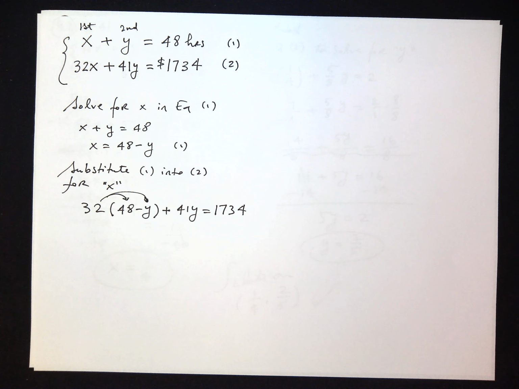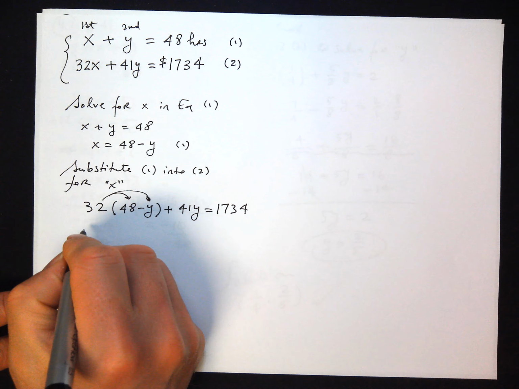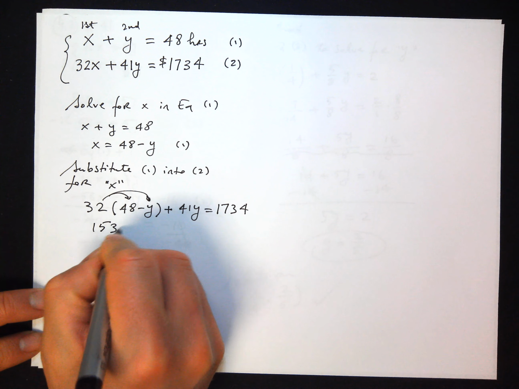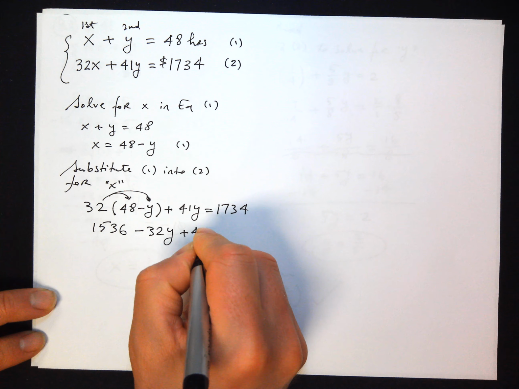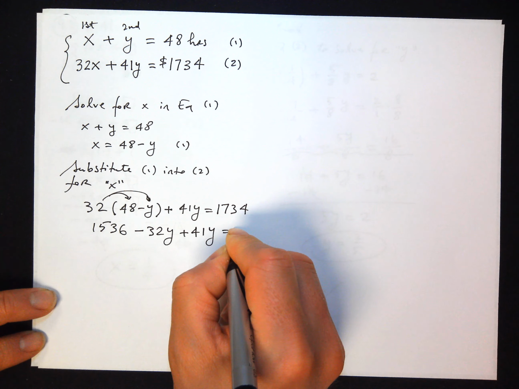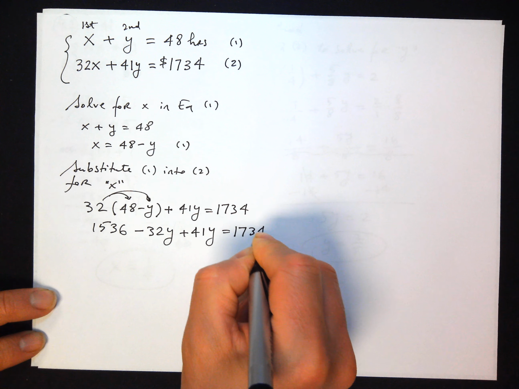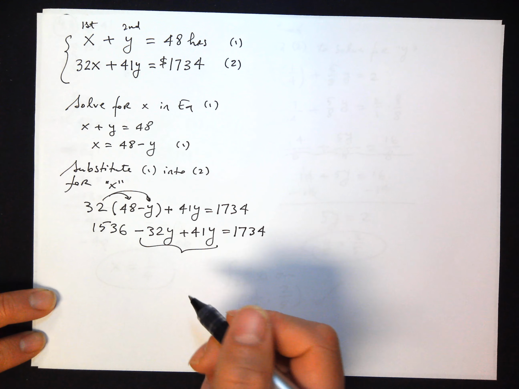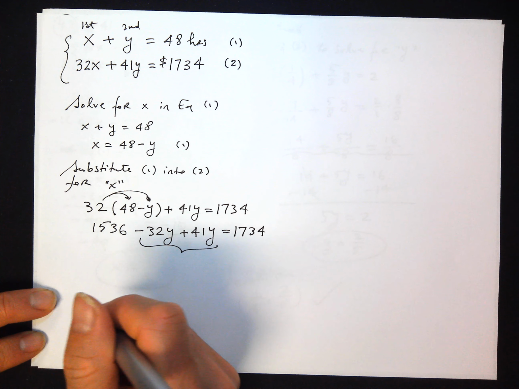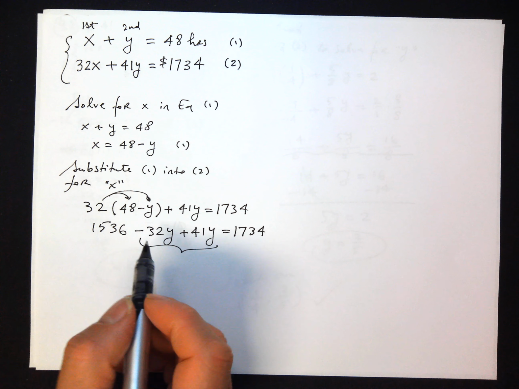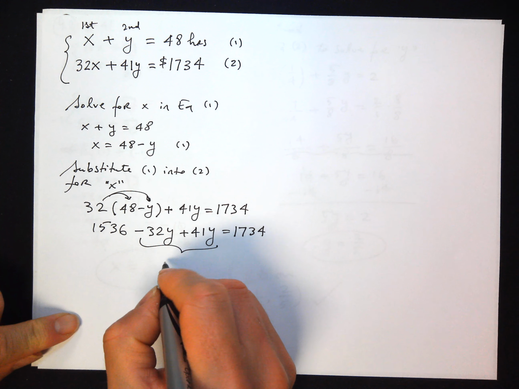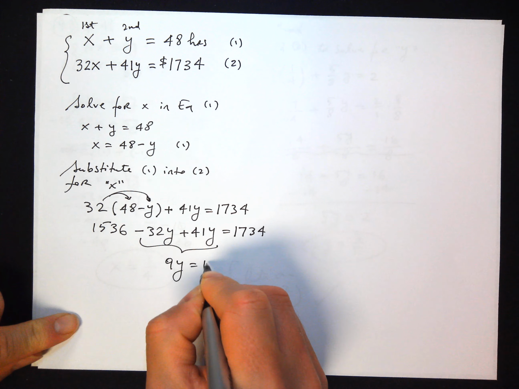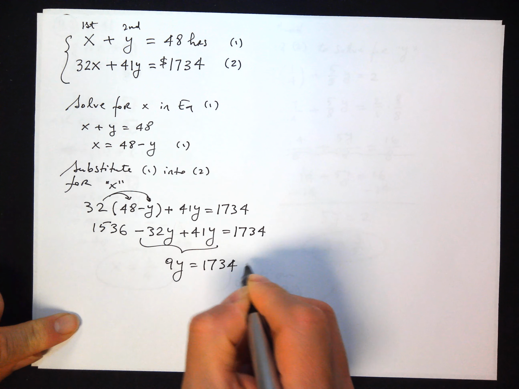32 times 48 equals 1,536, and then minus 32y plus 41y equals 1,734. So we can do this work. Negative 32 plus 41 equals 9y. So 9y equals 1,734.